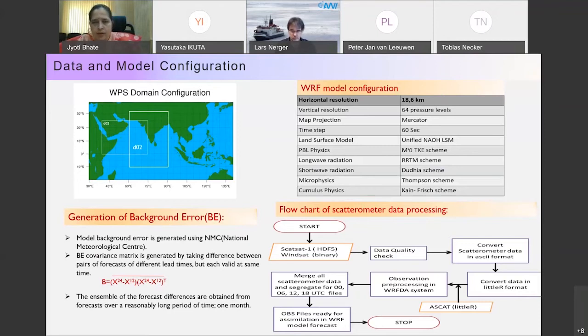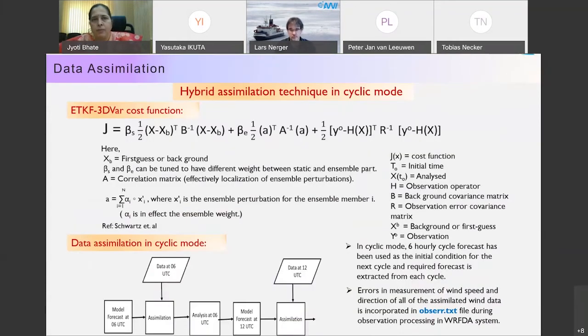This flow chart shows the methodology used for scatterometer data processing. We have taken level 2B data and sorted it into 6-hourly files. We have done the quality control and integrated all 3 data sets in one file with the data processing. We have used the hybrid data assimilation, that is the ETKF-3DVar method, to improve the initial conditions at each 6-hourly interval.